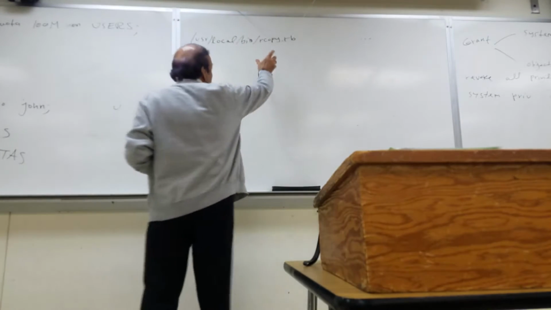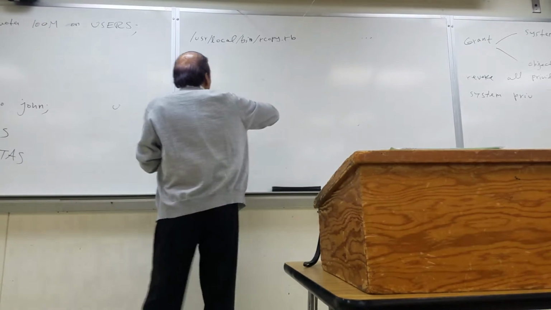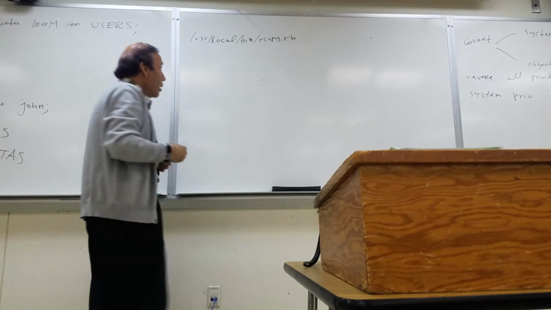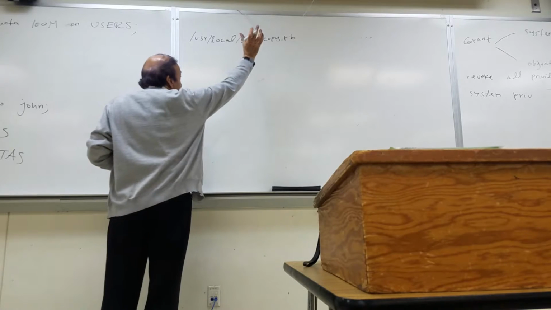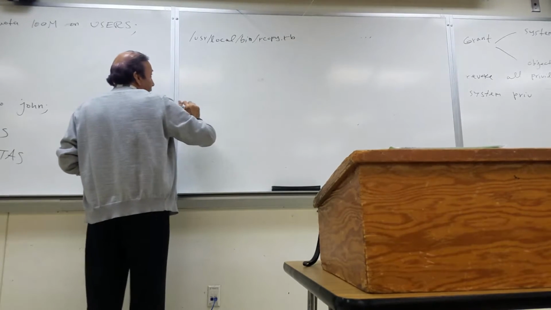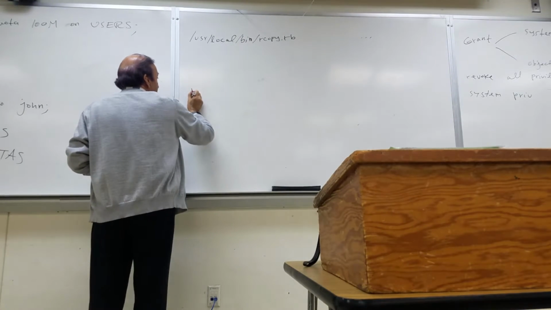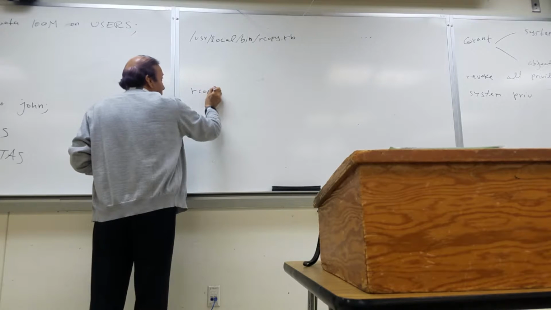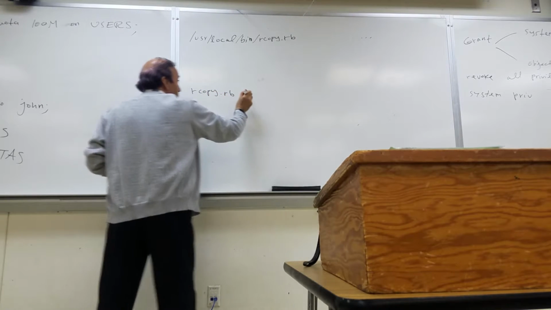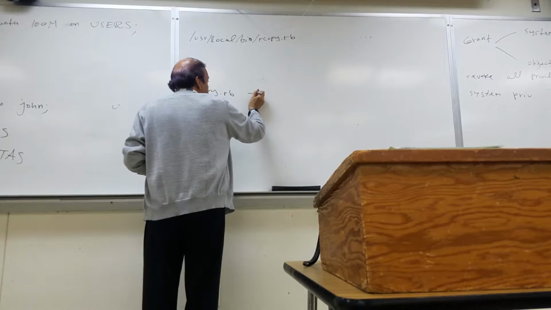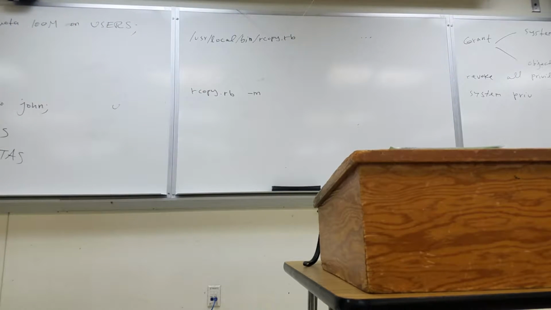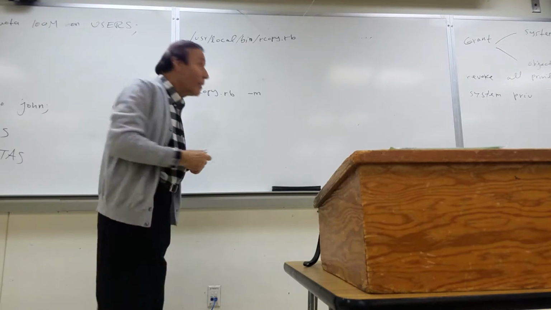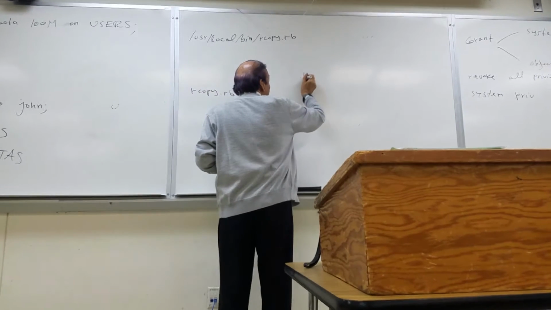So the very first thing is you copy this to your home directory. Now you're going to have rcopy.rb, okay? When you have rcopy.rb available, the very first thing you're going to do is this. Dash M is going to create the .hub file.